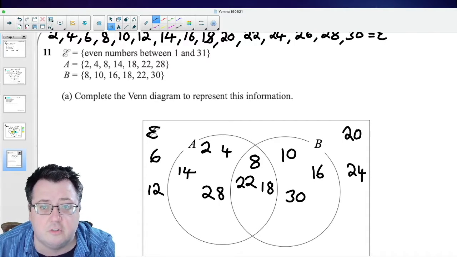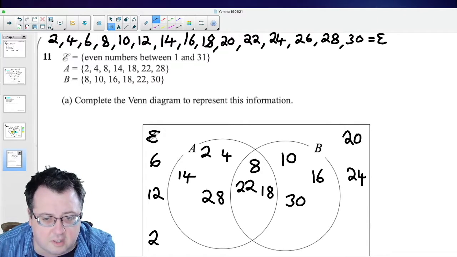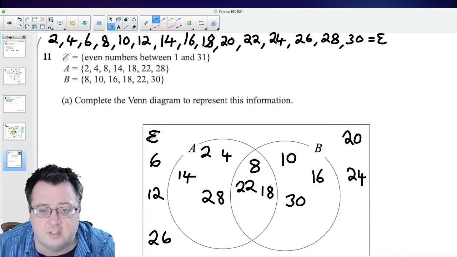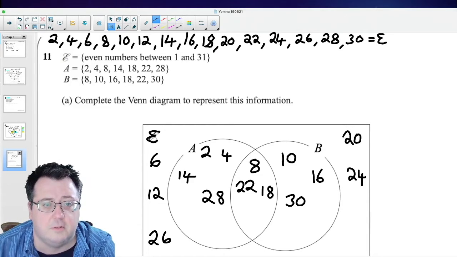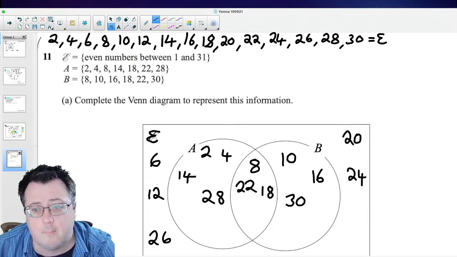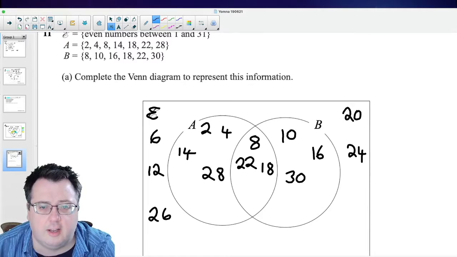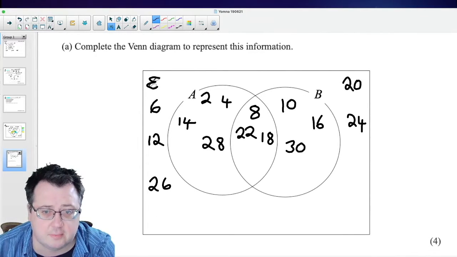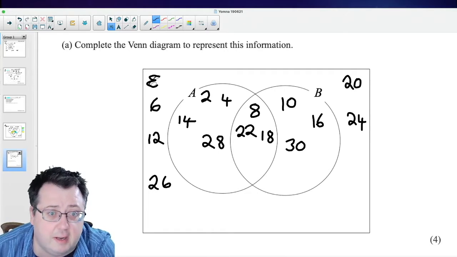And then we want 26. 26 can go on the outside. And 30 is on the inside. So I think that's accounting for all of the numbers now. Do you agree? Yeah. That's what the answer would look like for 4 marks. Which is quite simple when you think about it, but you need to know how to do it.